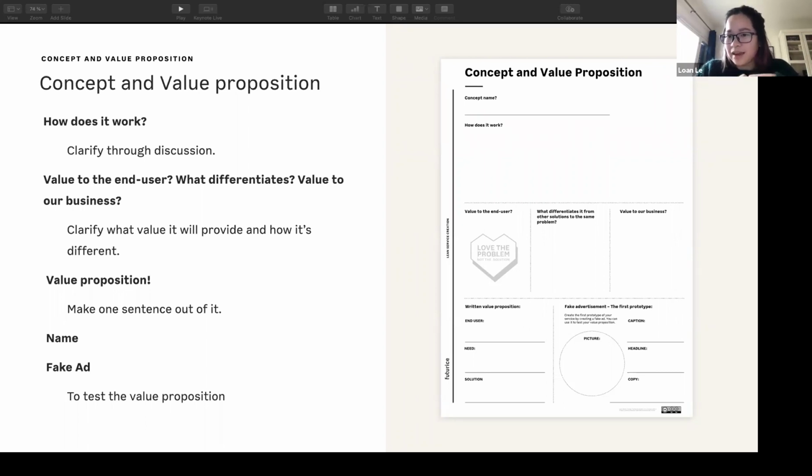So that is the purpose of fake ads, to help you form the concept more clearly and to see if other people understand as well.